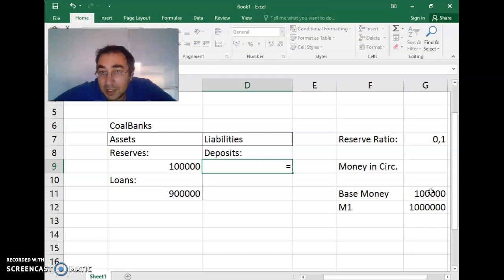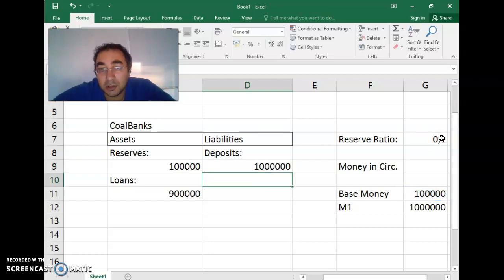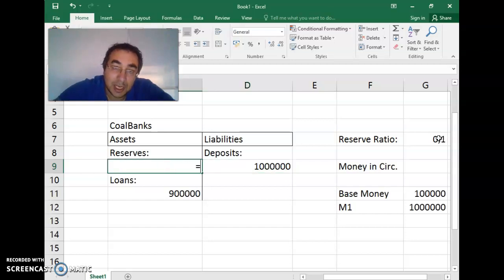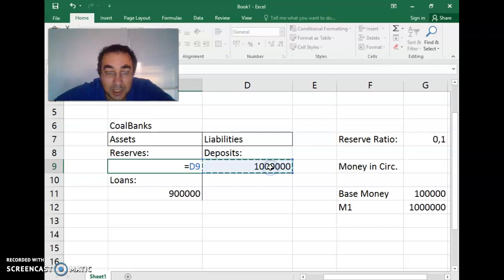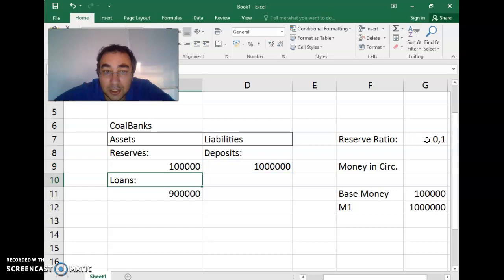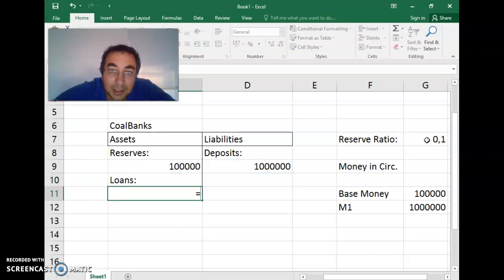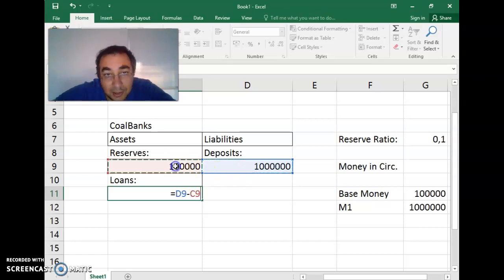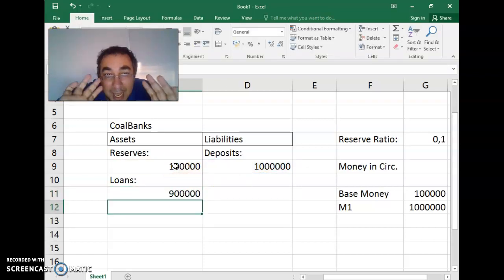The deposits are the base money divided by the reserve ratio, which is 1 divided by the reserve ratio, the money multiplier. So this is 1 million. 10% of the base amount, 100,000 times 10%, is held in the bank in reserves, and the rest is loaned to the people. That's the end point.